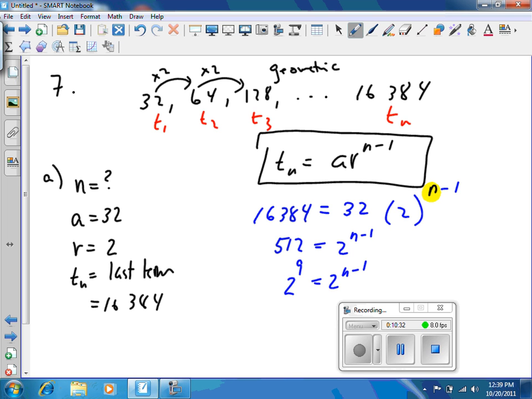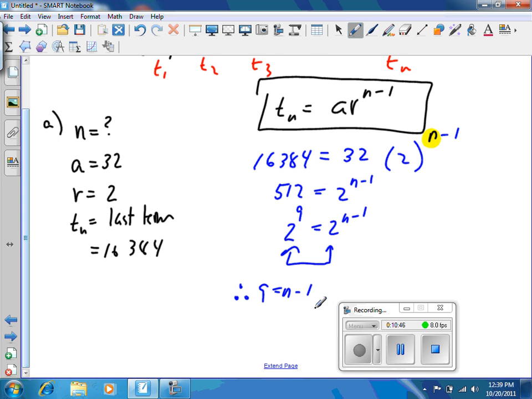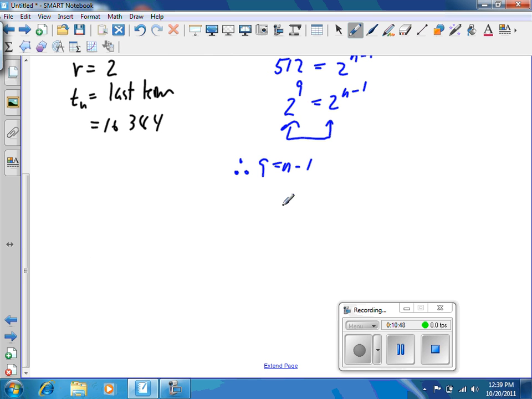And now you see that when the bases are the same, you can do what? You can equate the exponents. Okay, so then we just solve for n, and we get n is 10. That tells us that there are 10 terms in the sequence.